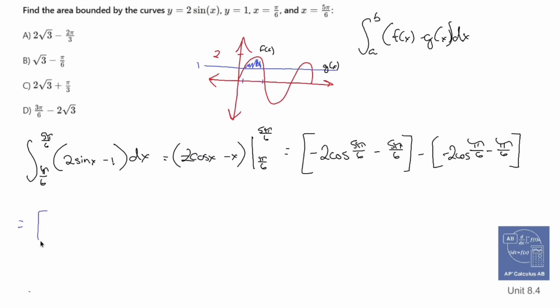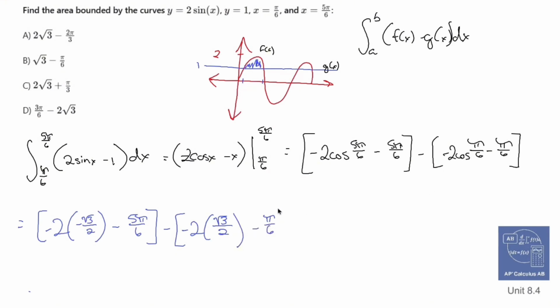So negative 2 times cosine of 5 pi over 6. The cosine of 5 pi over 6 is negative root 3 over 2, minus 5 pi over 6, minus negative 2 times the cosine of pi over 6, which is positive root 3 over 2, and then we have minus pi over 6.